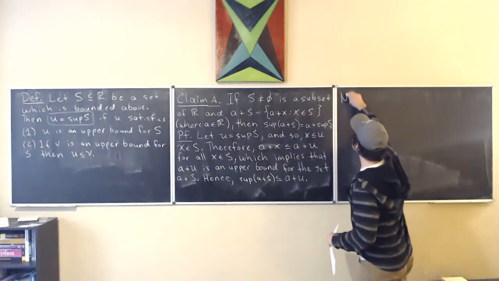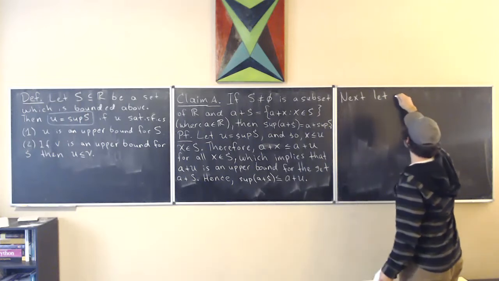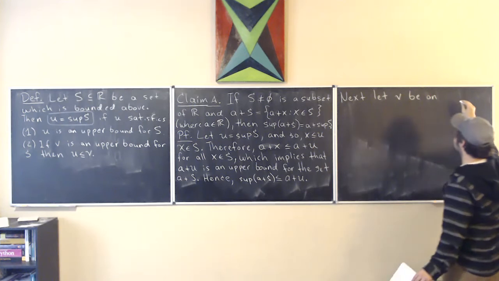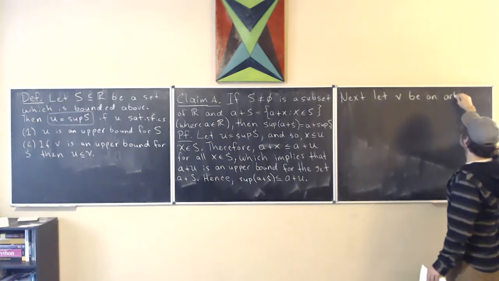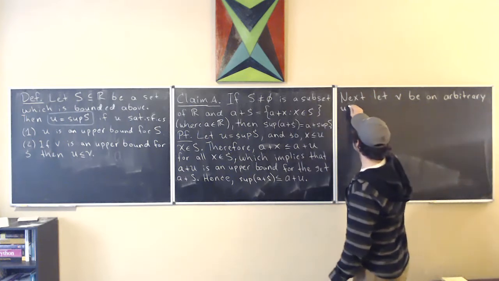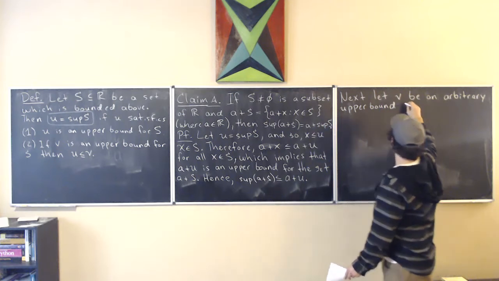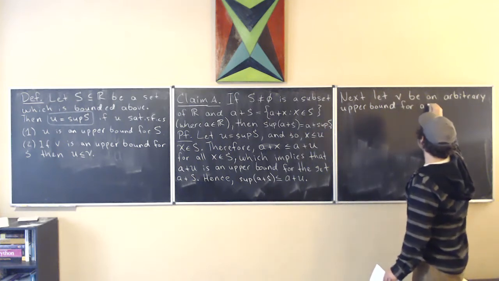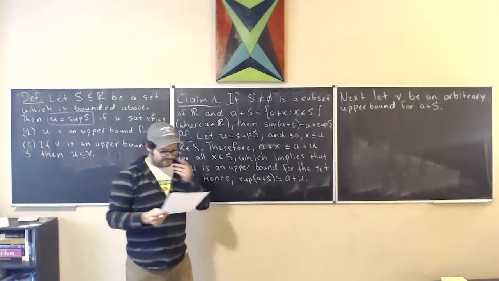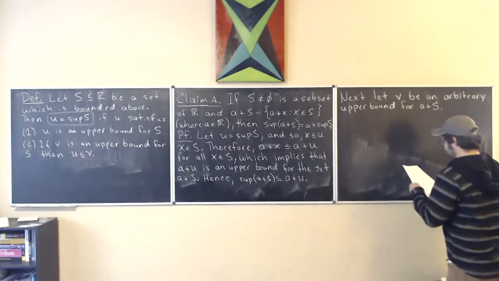So next, let B be an arbitrary upper bound for the set a plus S. What does that imply?